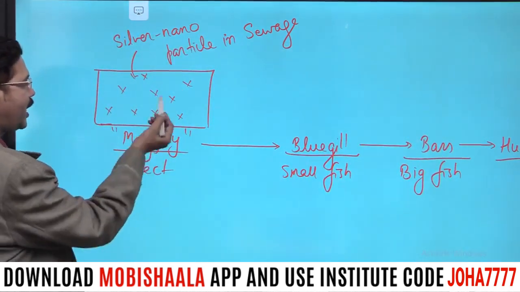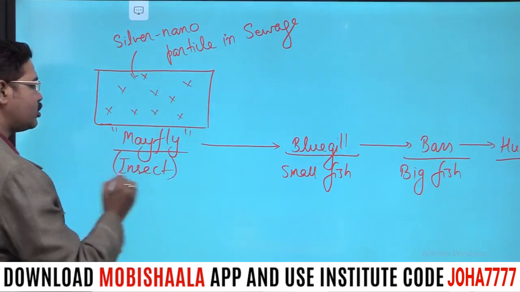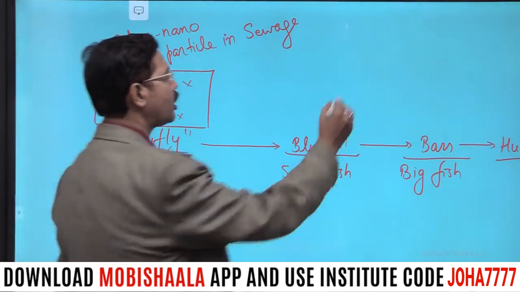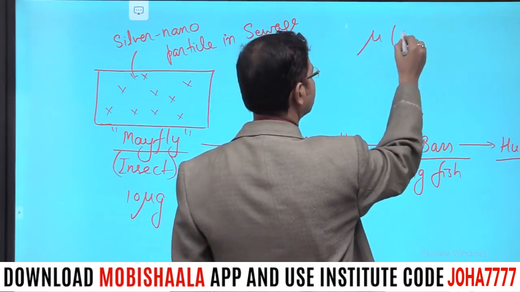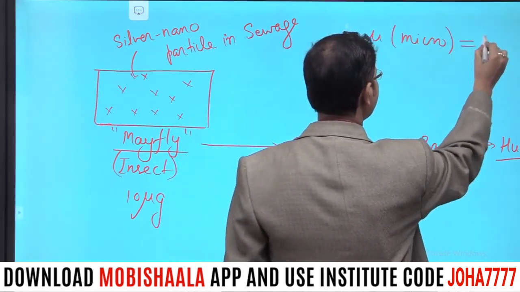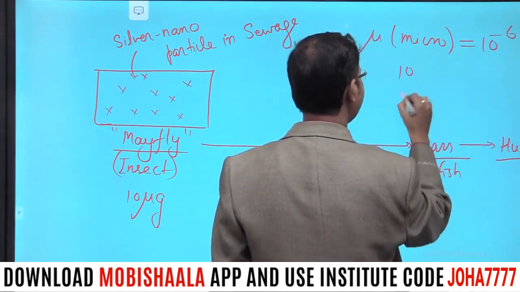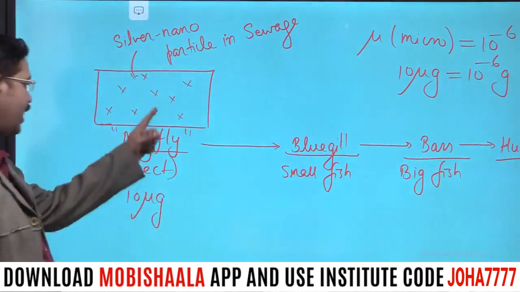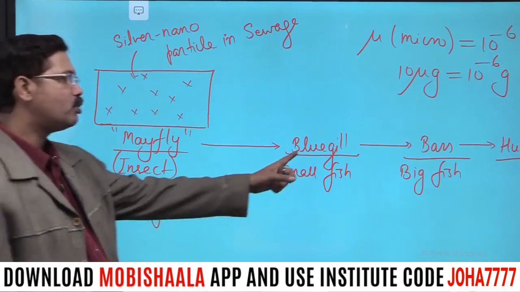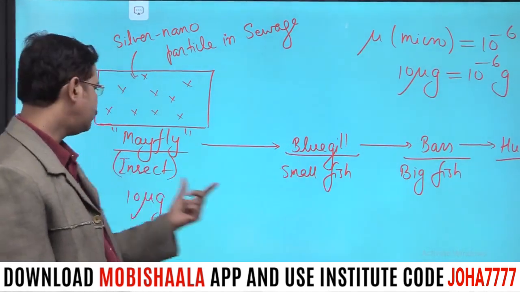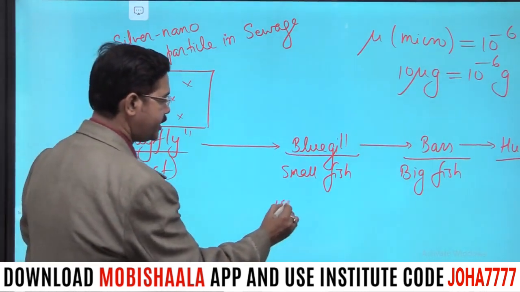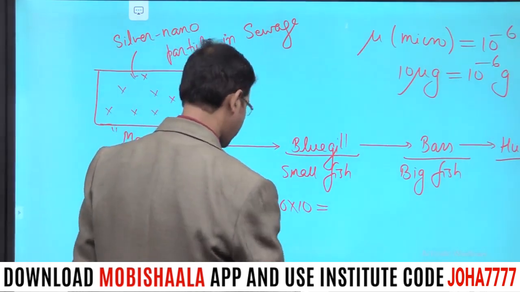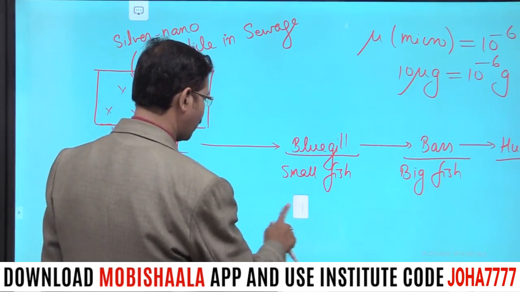Suppose the mayfly, this insect, has eaten 10 microgram. Micro means 10 to the power minus 6, so 10 microgram is 10 to the power minus 6 gram. If it has eaten 10 microgram, and bluegill suppose has eaten 10 of this insect, so 10 into 10 microgram.